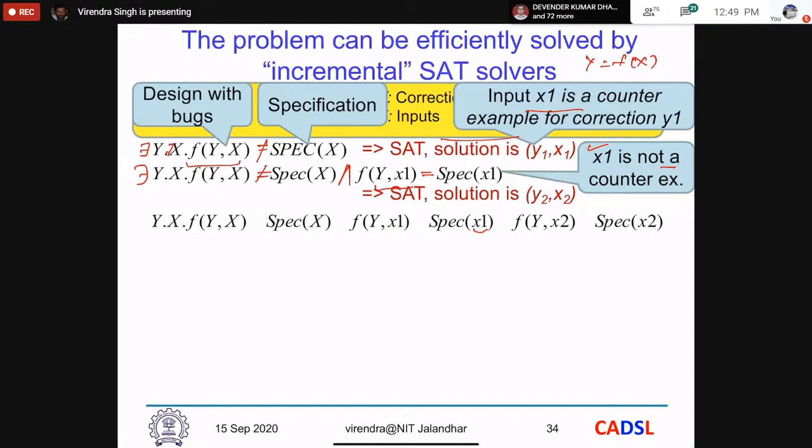So for all x, y, the function f(x, y) doesn't evaluate to the spec, and the first instance should satisfy, and the second instance also should satisfy, and then you get another set of input that gives you x3 as another instance, and this way you keep doing this.